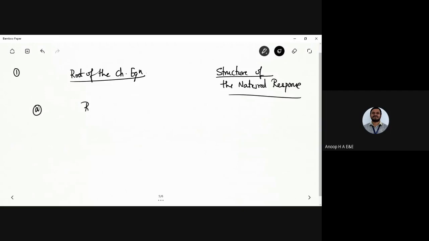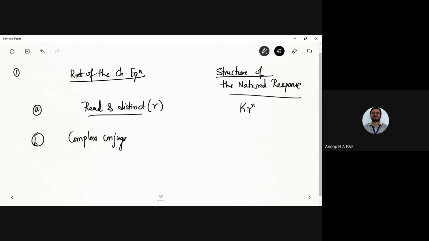First one, real and distinct. So I have r real and distinct, that is k r power n. Second one, I have complex conjugate.